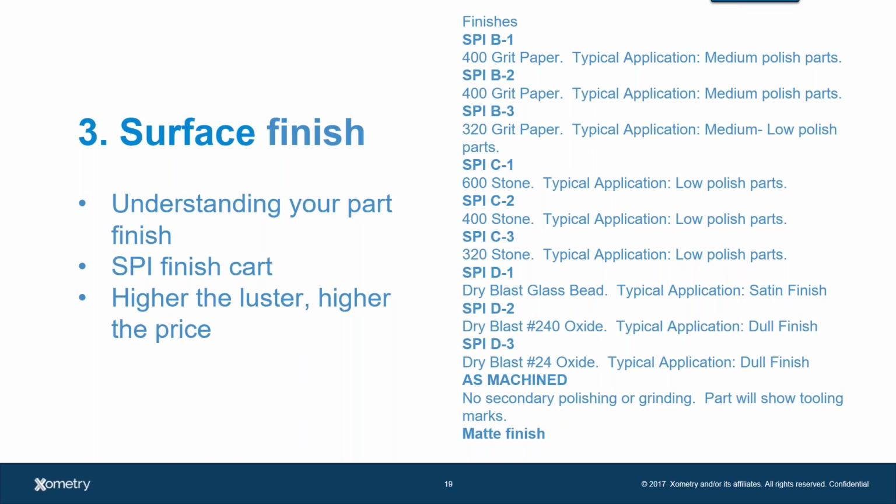And then, like I said, the SPI finish chart, those are the Society of the Plastics Industry standards. And once again, the higher the luster, the higher the price, because there are more labor hours involved to make something shiny than to make something dull. For those of you who are used to the Xometry website and using our online quoting for things like CNC, you've absolutely seen this.